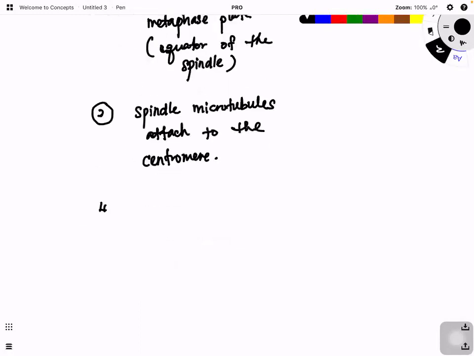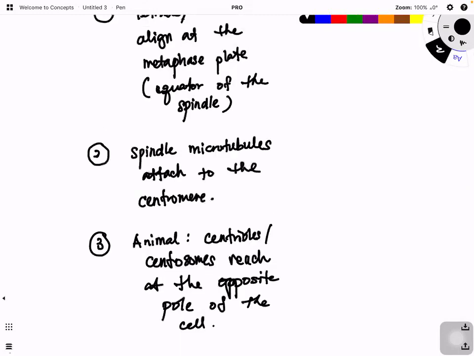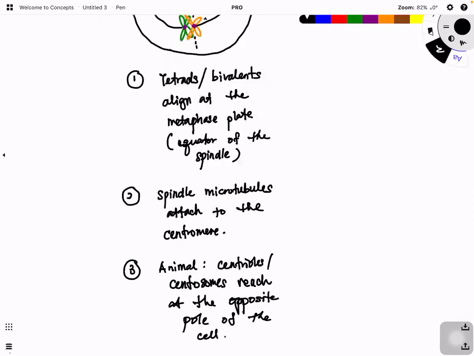And in animal cells only, you can see that the centrosome, or centriole, reaches the opposite pole of the cell. So these are the 3 important events that take place.